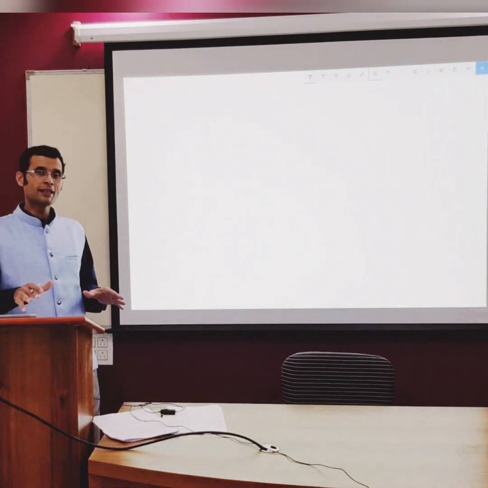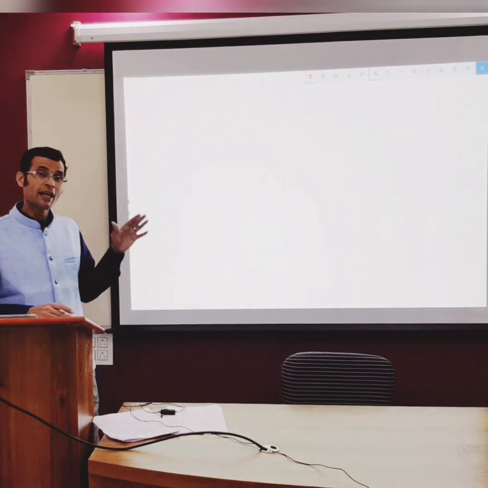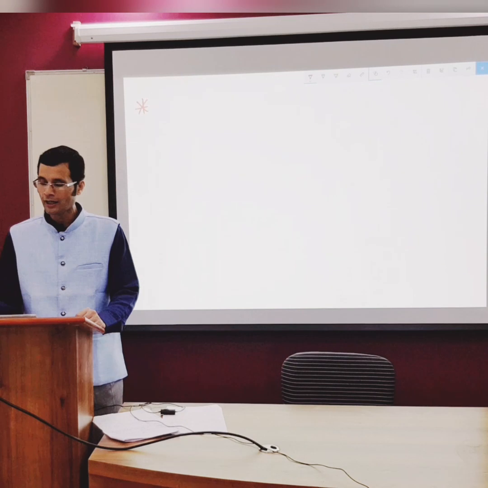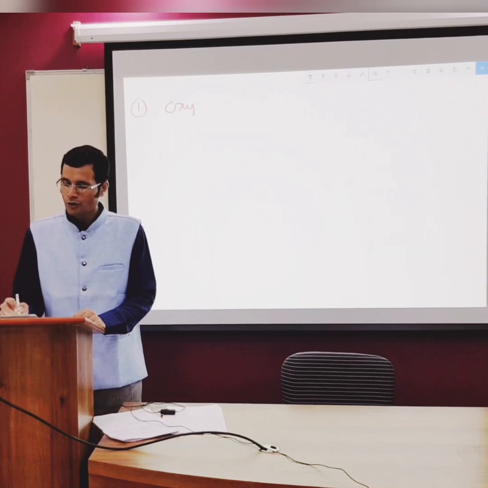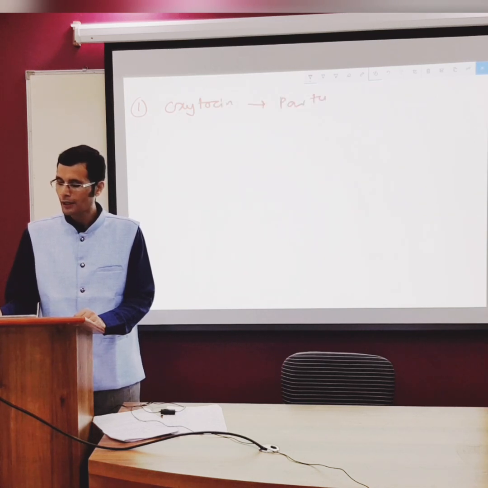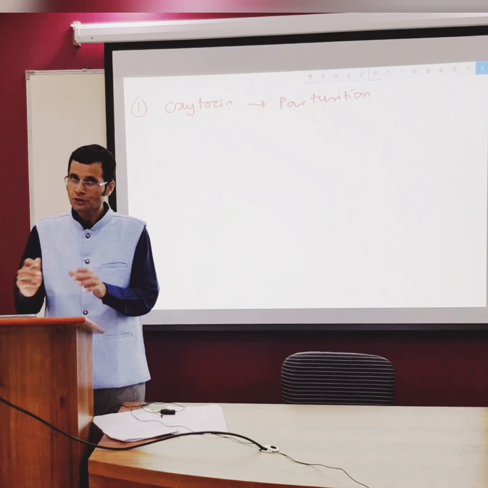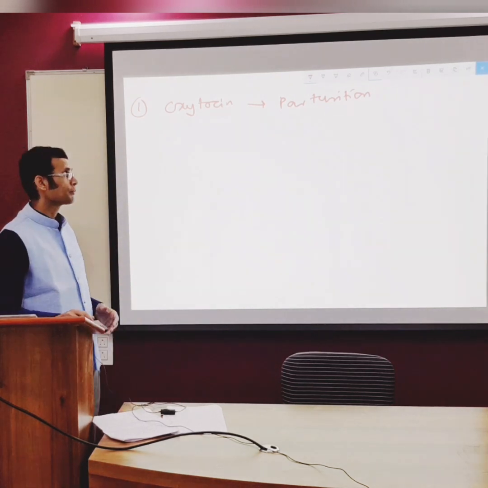But there are certain examples of positive feedback which are helpful to the body. Let's understand the helpful examples of positive feedback. For instance, oxytocin and its role in parturition. Positive feedback but helpful to the body.